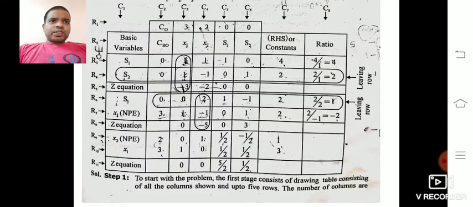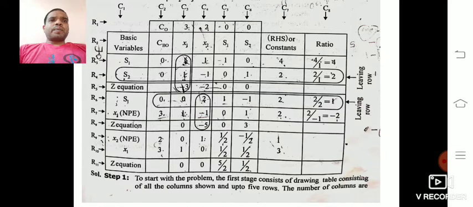Okay, next x1 is 0. In the x1 column it is 0, and for x1 the main objective coefficient is 3, and in the C3 column it is 1, so 0 into 0 plus 3 into 1 of the main objective function x1, that is minus 3, that will bring 0 here.